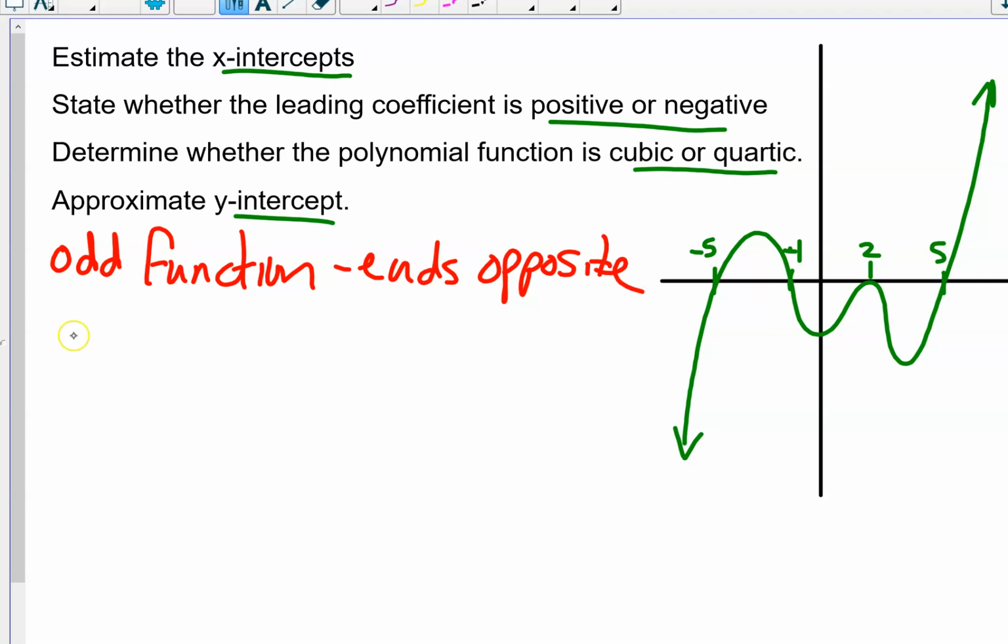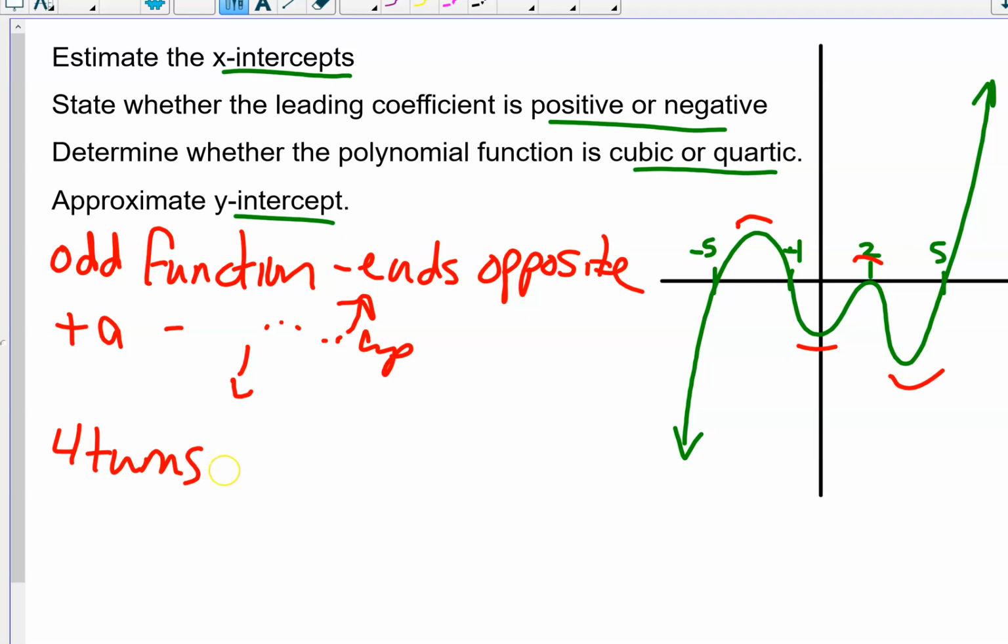We know that the a is positive because as we go to the right, it's going up. We know there are 4 turns. Here's 1, 2, 3, 4.